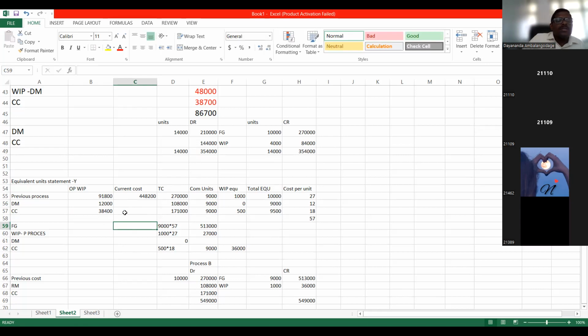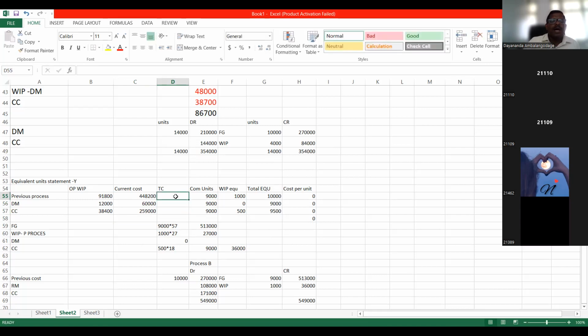With regard to current cost, raw material is 60,000, and 259,000 with regard to the conversion cost. So you can get the total of these in the total cost column.